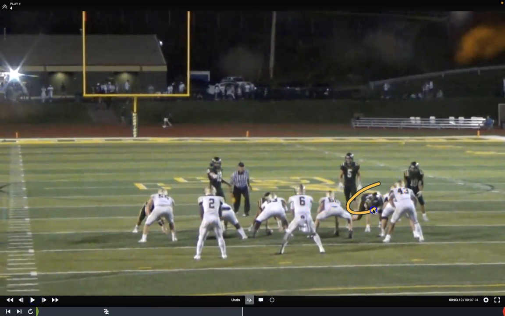That is where we have a foul on the defense. So this movement right here is legal. This movement by this player is legal. The movement by the defensive end on this side is a foul on the defense for delay of game.